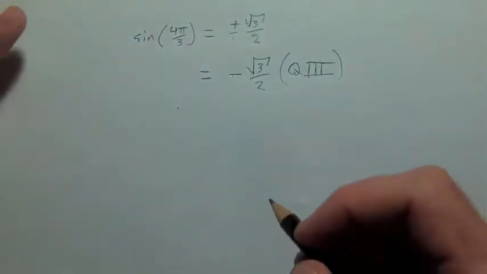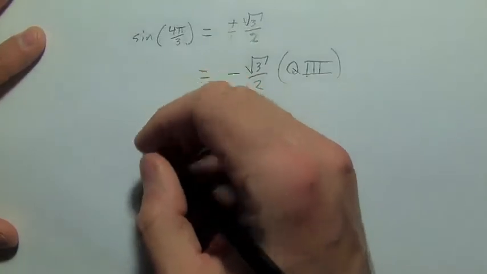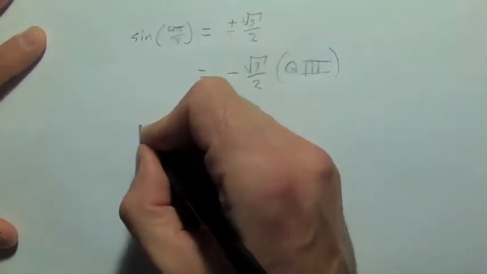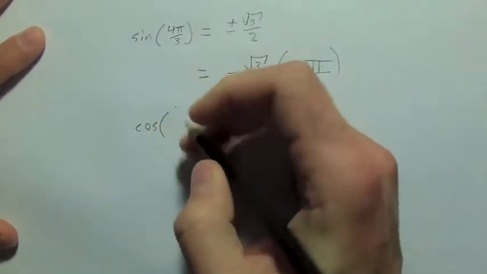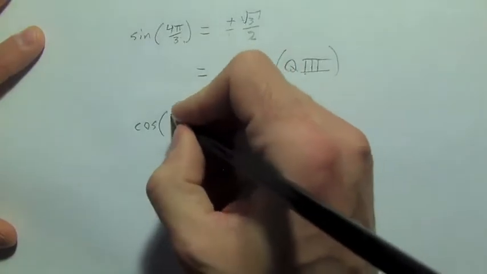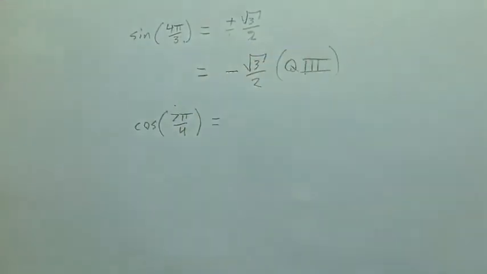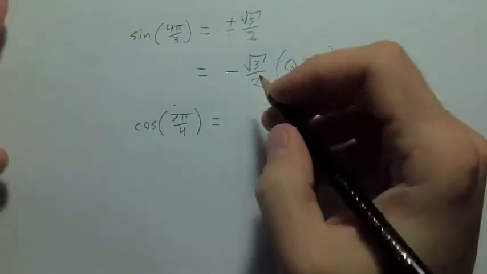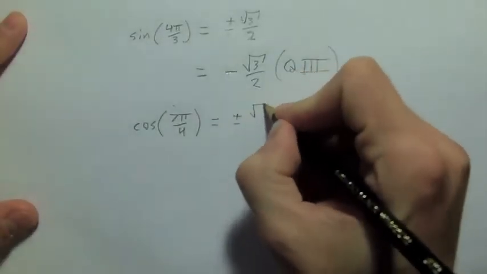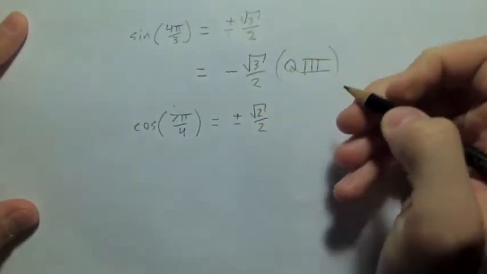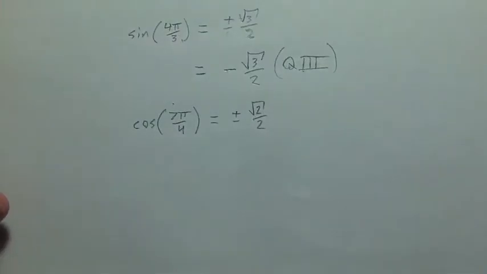Okay. And how about something like cosine of, let's say, 7 pi over 4. Well, a pi over 4 situation is always going to be the square root of 2 over 2. Now I just need to know which quadrant we're in.